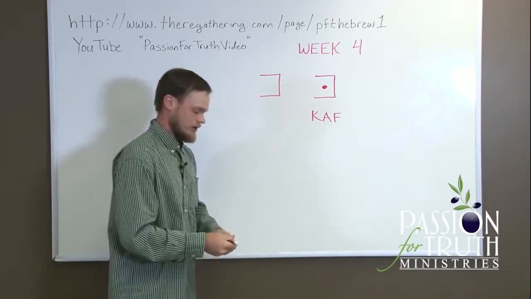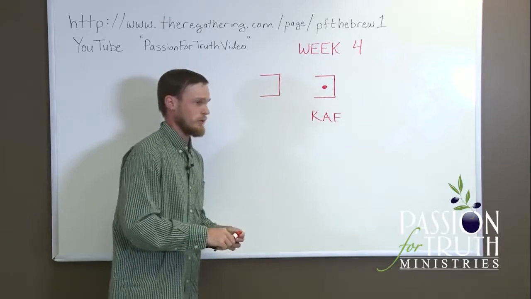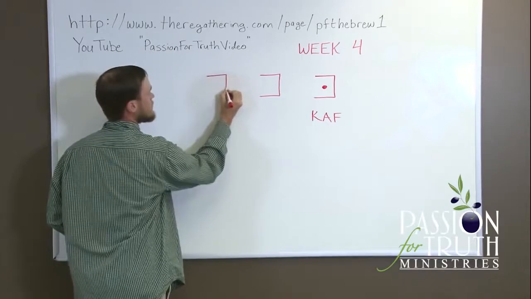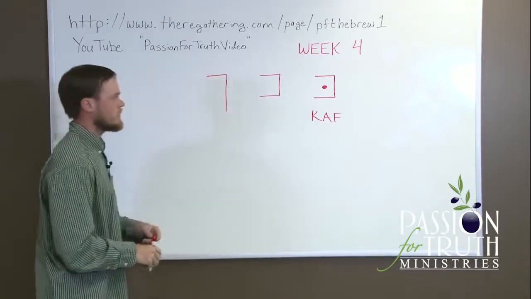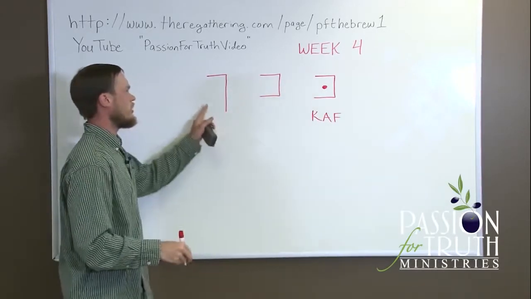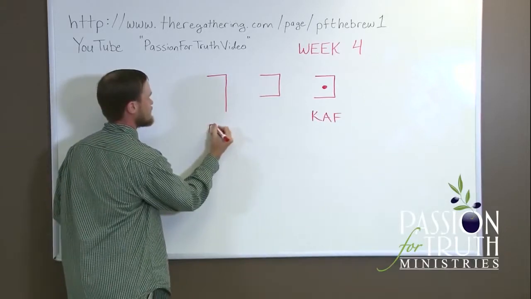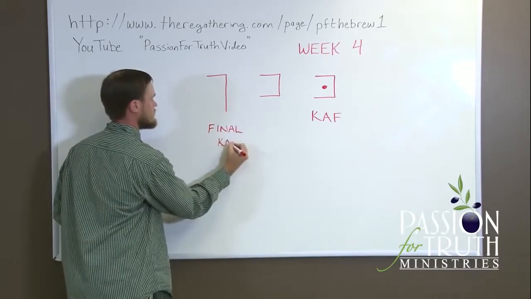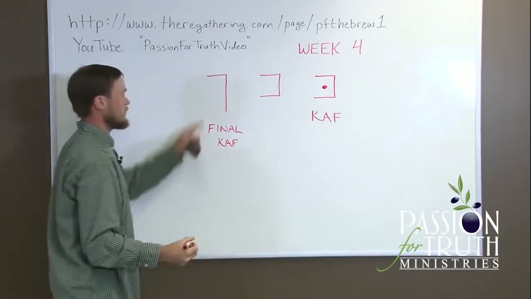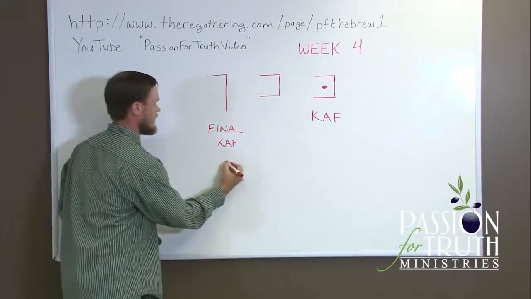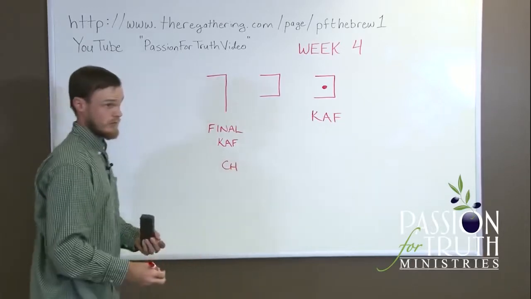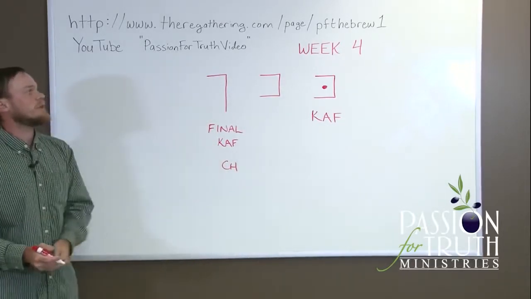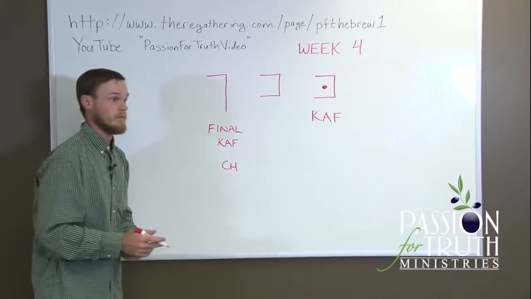The kaf also has a special form, which looks like this. This is called a final kaf. This form is always pronounced ch, and it always appears at the end of a word.